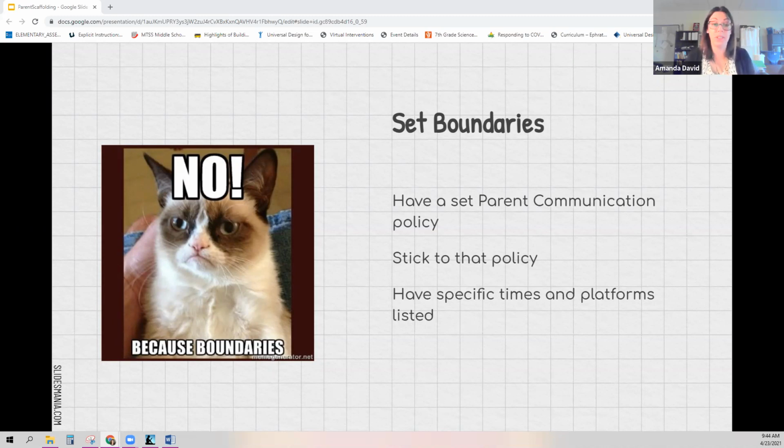If it is not an emergency, you can email me, but please don't expect a response until my prep or after school. Also indicating what platforms you're using. So if you are using anything such as Schoology, Class Dojo, Remind, whatever vessel you are using to communicate with parents, be sure that that is all listed, as well as the ways to do so.